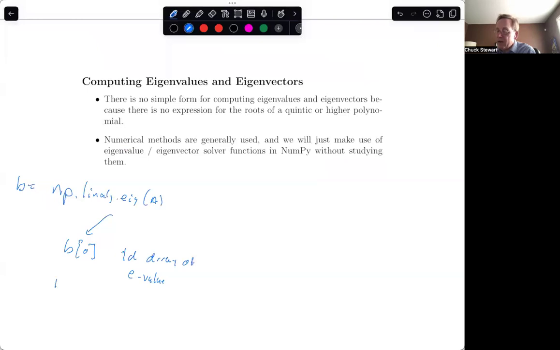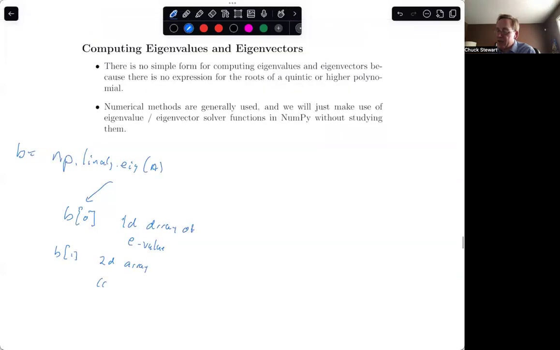B1 is a 2D array, and its columns are the eigenvectors. Okay, so that's something to remember.